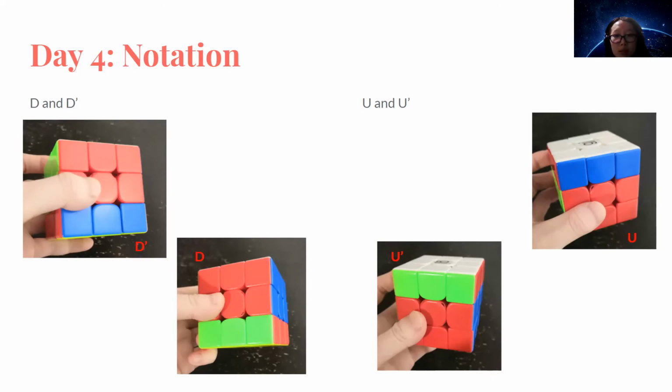For U and U prime, it's kind of like B, where from your perspective, having it in front of you, it looks like it's going opposite. So for U without the prime, just U clockwise, you actually turn it on the left.